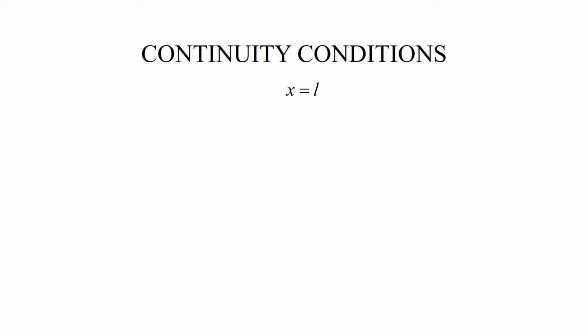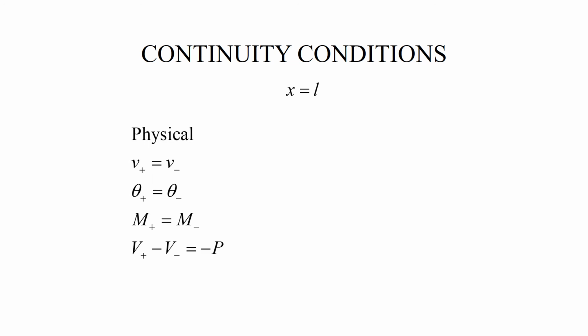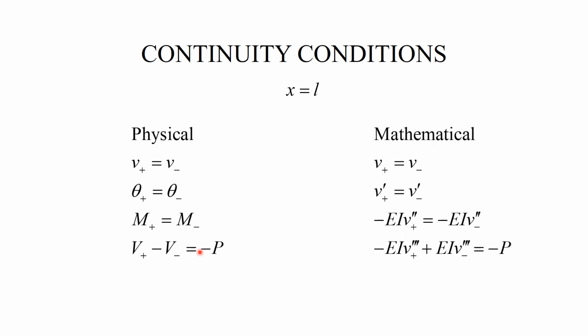Equipped with that, we can summarize the continuity conditions. The deflections and the slopes are continuous, so is the moment, but the shear force experiences a jump minus P. Now I can rewrite these physical continuity conditions in terms of mathematical continuity conditions, where theta is replaced with V prime, m replaced with minus EI V double prime, and capital V is replaced with minus EI V triple prime.